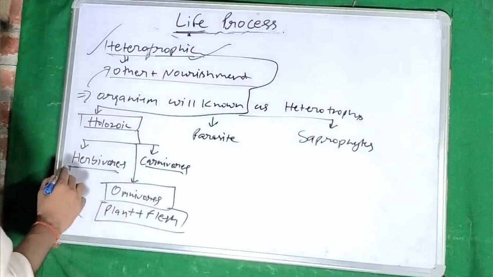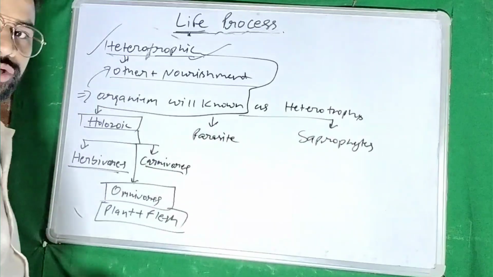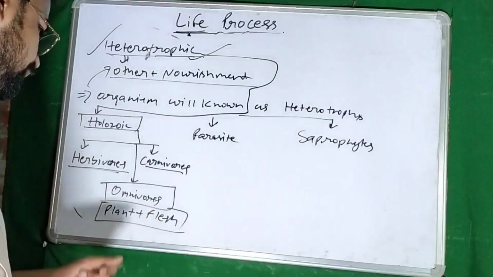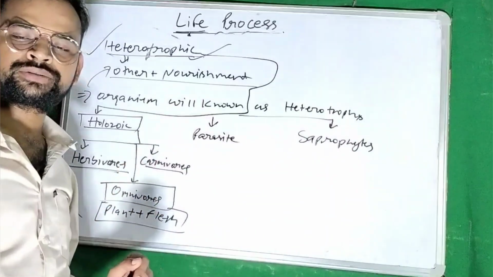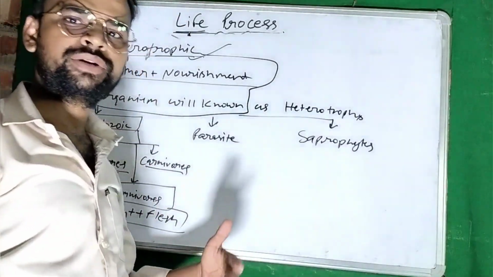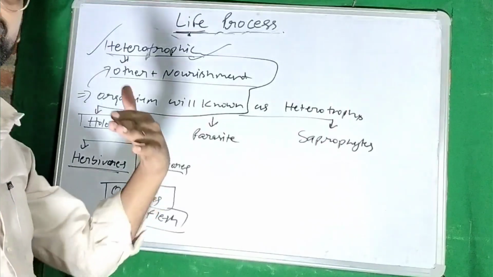What are examples of herbivores? Goat, rabbit, cow, buffalo, etc. What are examples of carnivores? Lion, tiger, and many different wild animals.